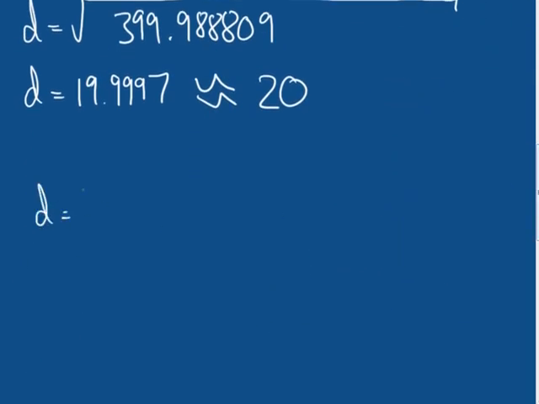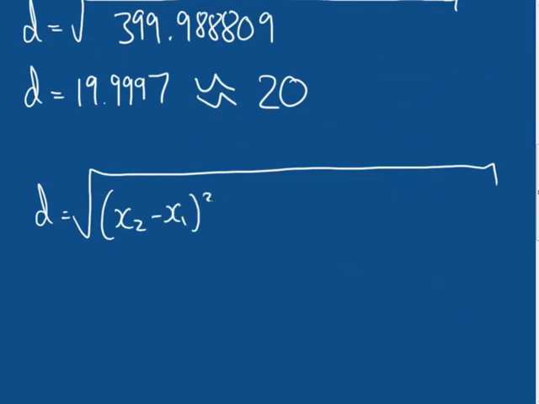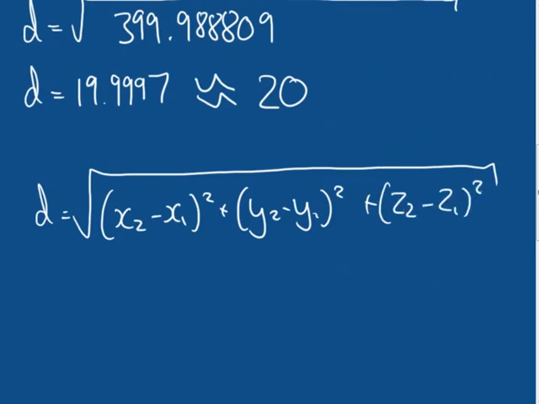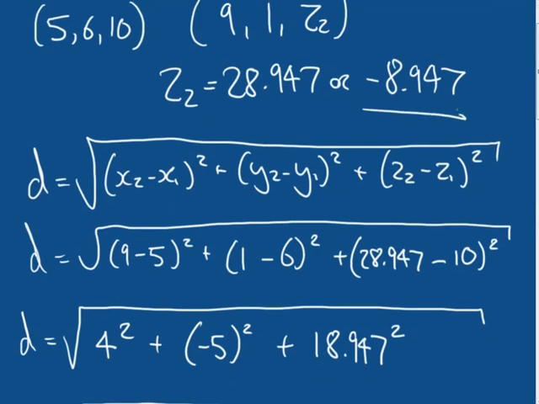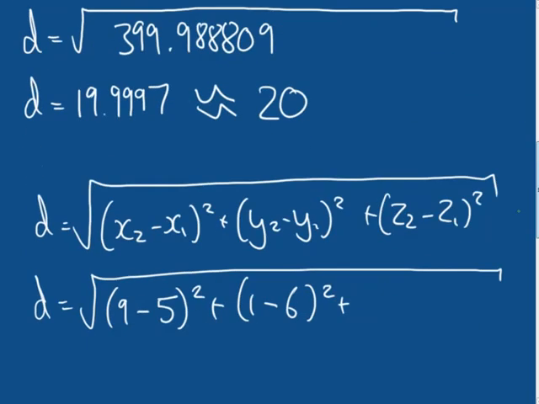So d is equal to the square root of x2 minus x1 squared plus y2 minus y1 squared plus z2 minus z1 squared. That means that d is equal to the square root of x2 is 9 minus x1 is 5 squared plus y2 is 1 minus y1 is 6 squared plus our new z2, if you recall, is minus 8.947.